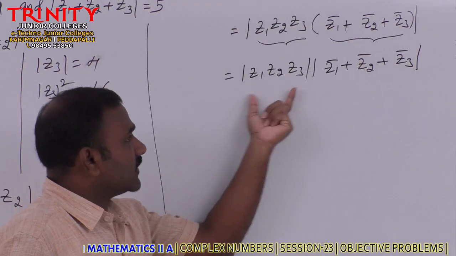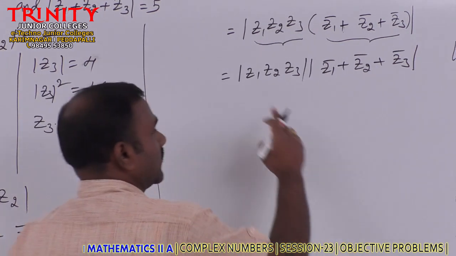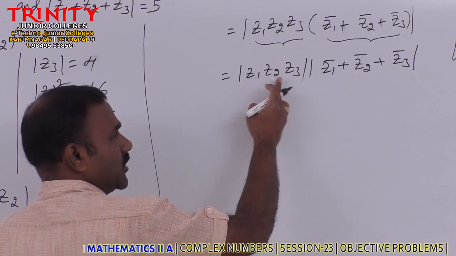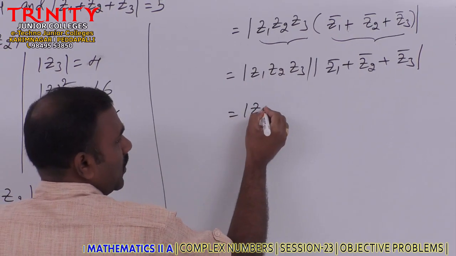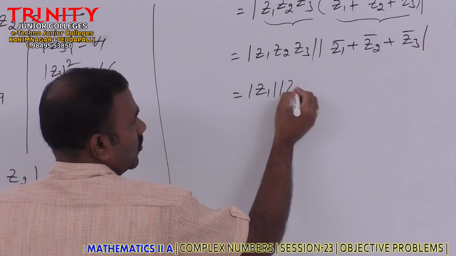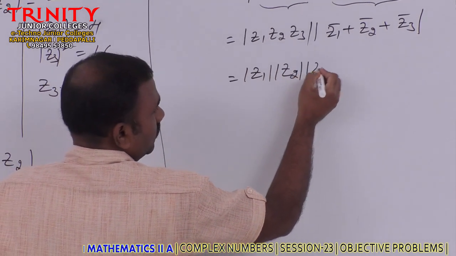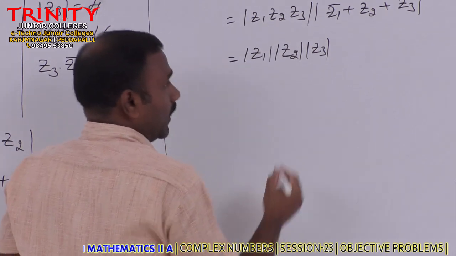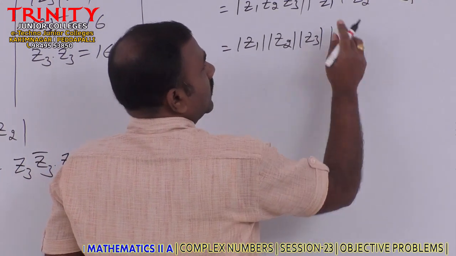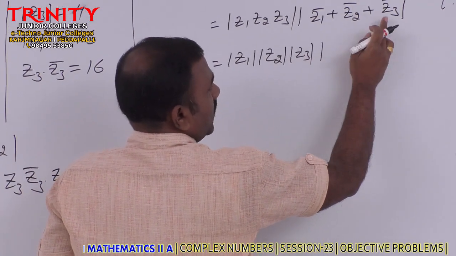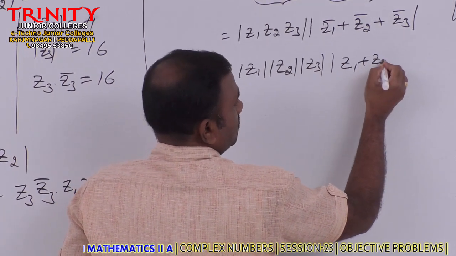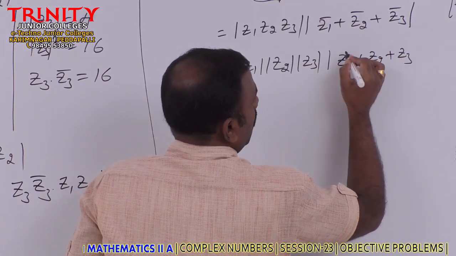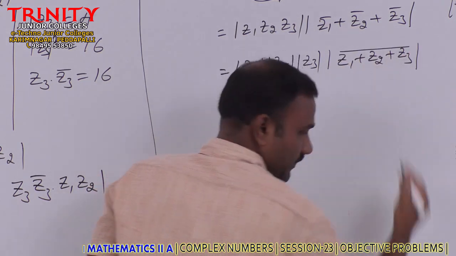Again, this is directly in the form of modulus of z1 into z2 into z3, so it is mod z1 into mod z2 into mod z3, into mod of z1 bar plus z2 bar plus z3 bar, which can be expressed as z1 plus z2 plus z3 whole bar.